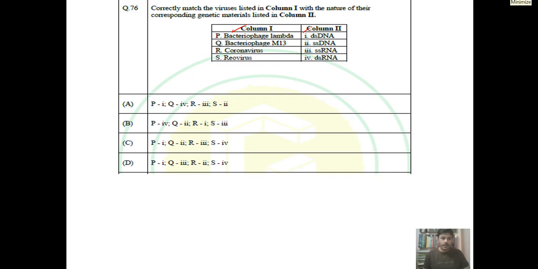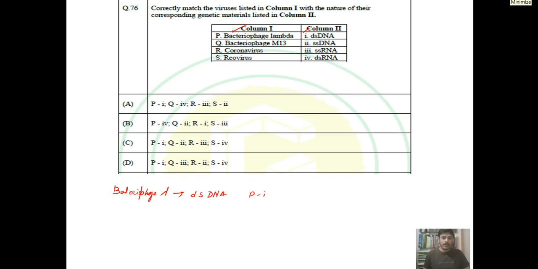So if we see the bacteriophage lambda, it possesses the genetic material as a double-stranded DNA. So P matches with 1.